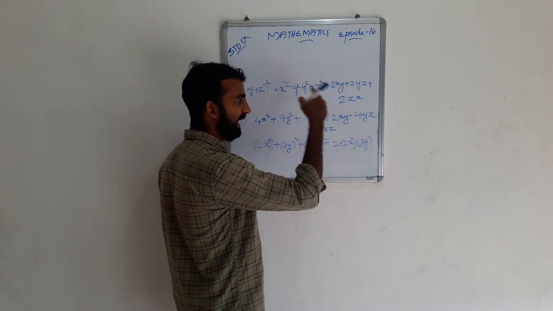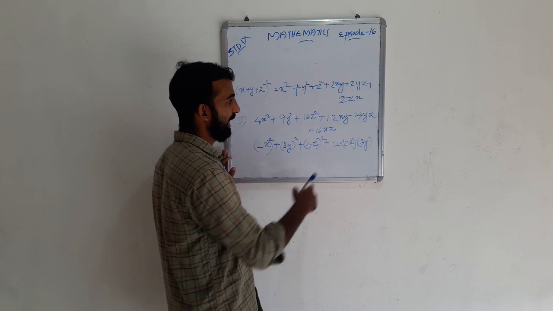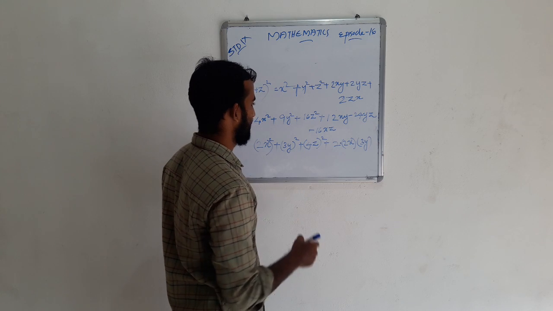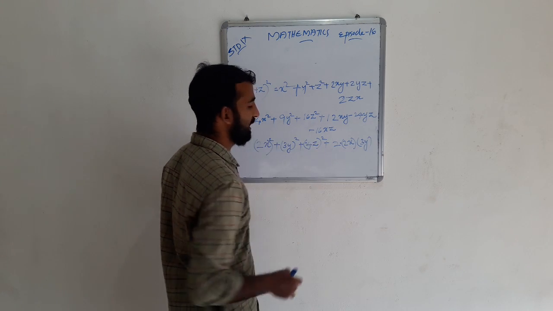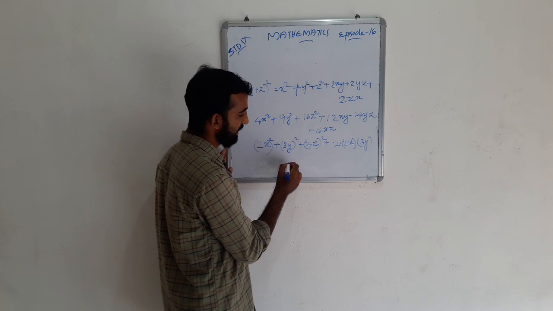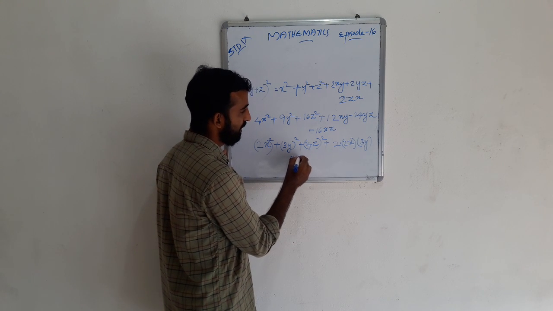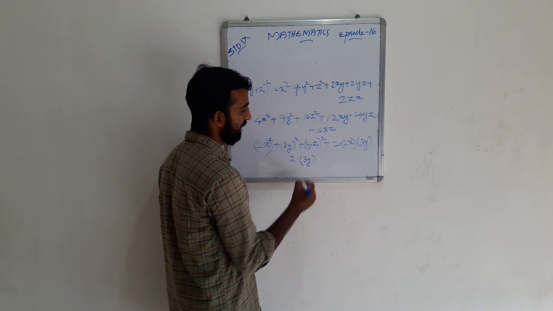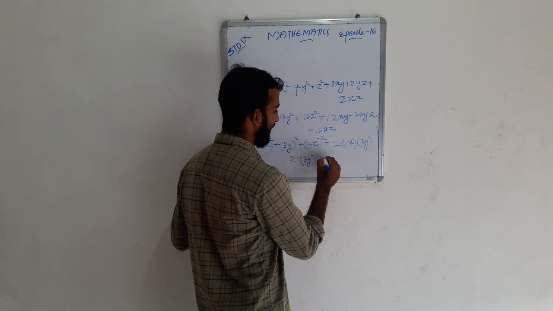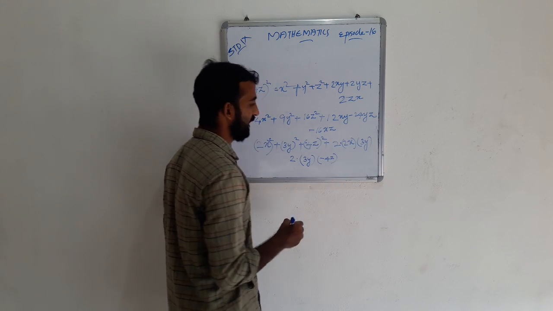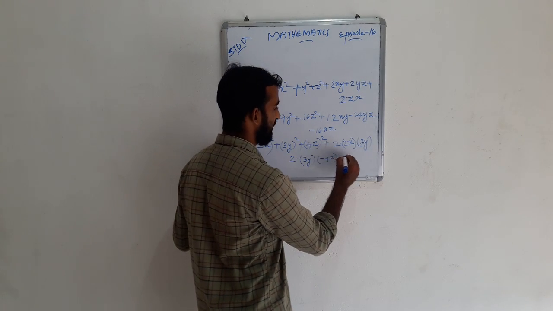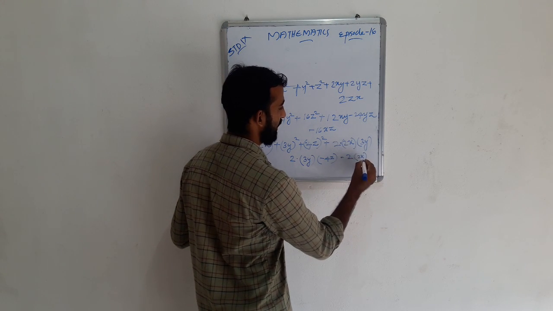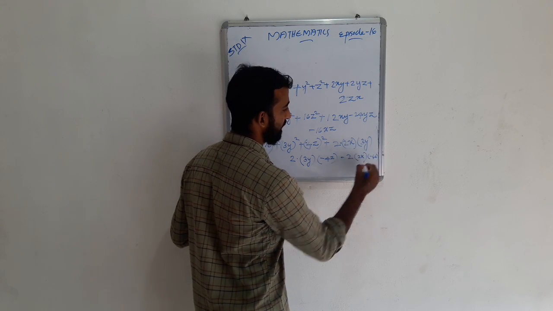And here is minus yz, that means z must be negative. That is, we can write 2 into, here y is 3y, and z is negative 4z. Minus 2 into x means 2x and z means negative 4z.